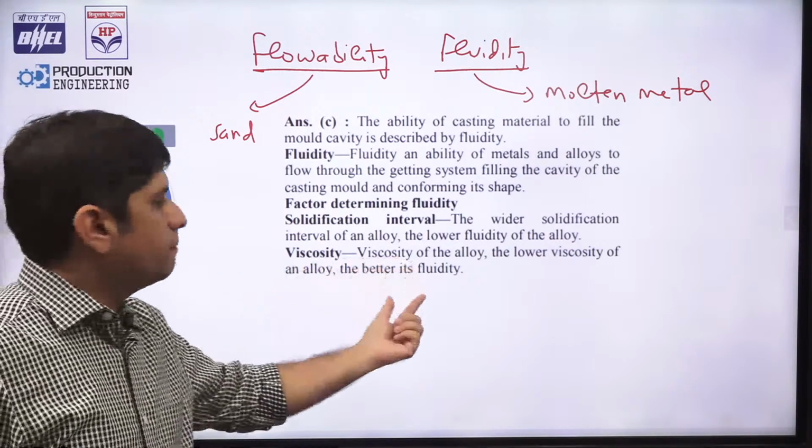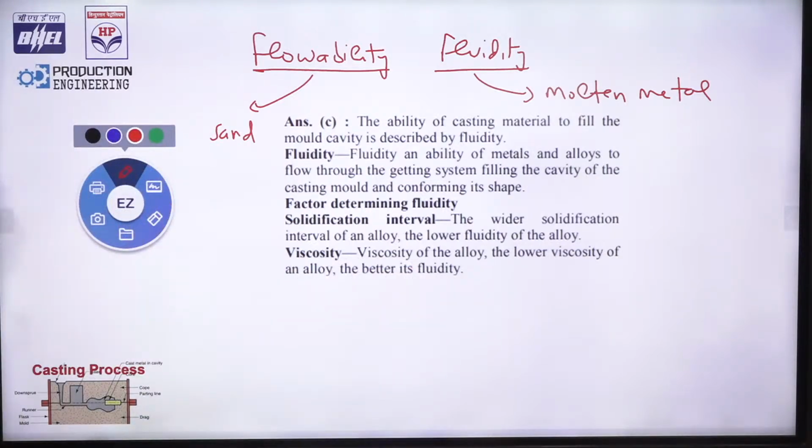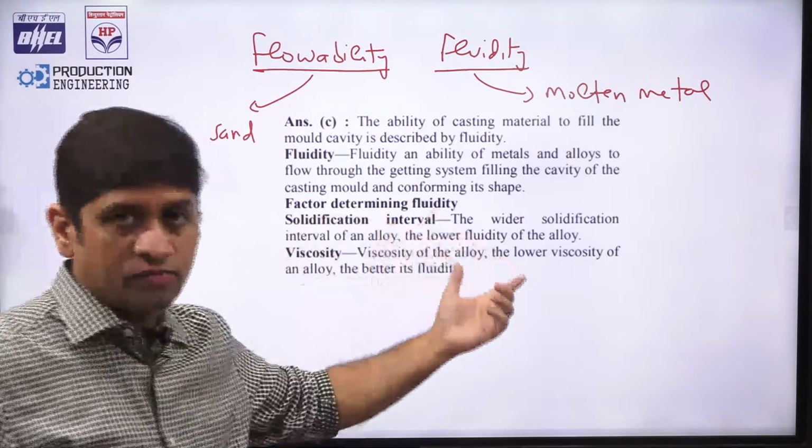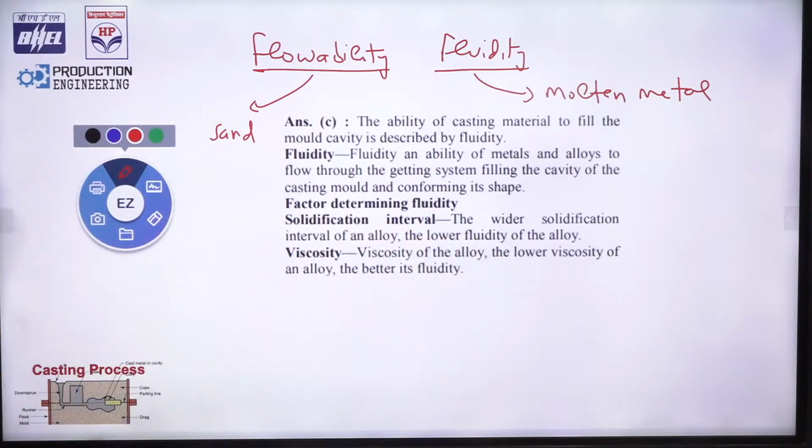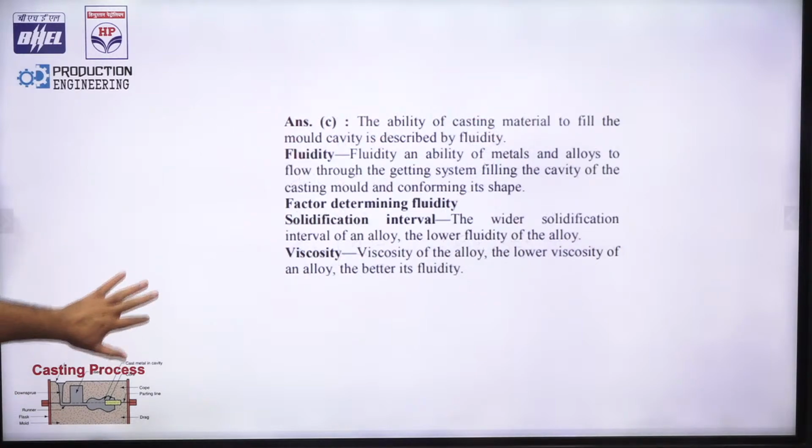Lower the viscosity, better it is for the fluid to fill the intricate shapes. What factors decide the fluidity? One is its molten temperature. If the temperature is higher, it will keep on flowing. So this is called fluidity.